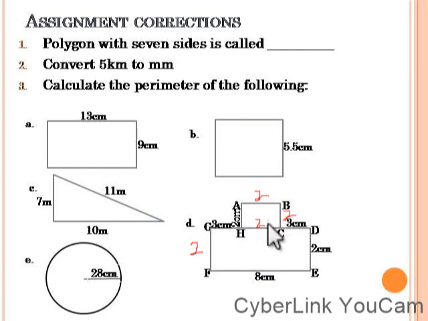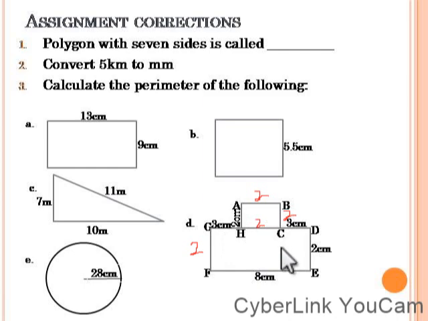We can now begin to add by saying AB, which is 2, plus BC, which is 2, plus CD, which is 3, plus DE, which is 2, plus EF, which is 8, plus FG, which is 2, plus GH, which is 3, plus HA, which is 2. By the time we add all these values, that gives us the perimeter of this compound shape.